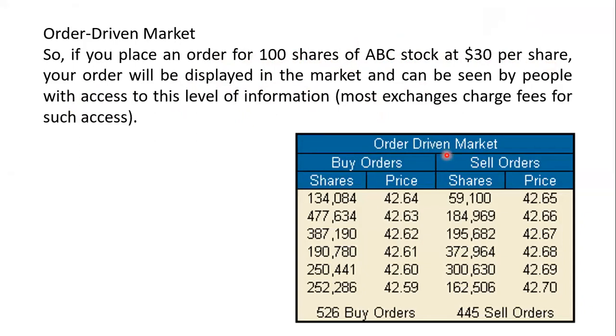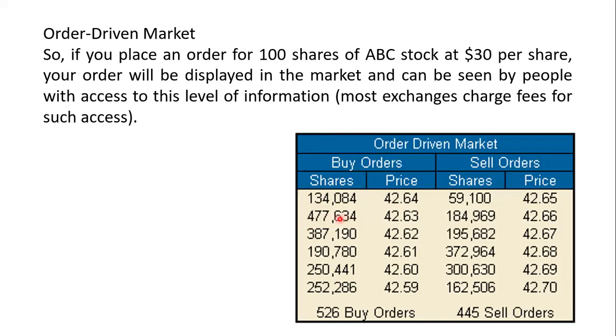Here, when you see the order driven market, you can find both sides, buyer's order and seller's order. So in case of buy order, right, the people who are going to buy. So Mr. A, he wants this amount of shares at this price.